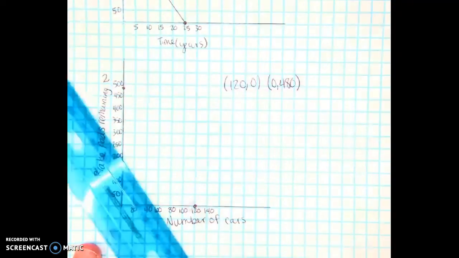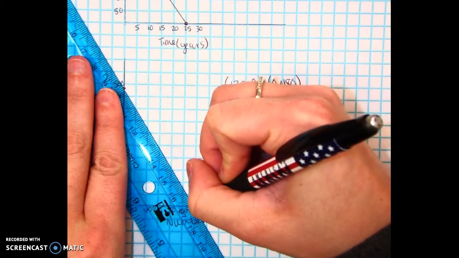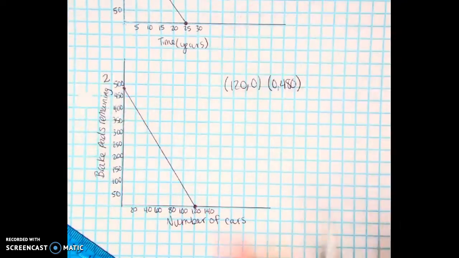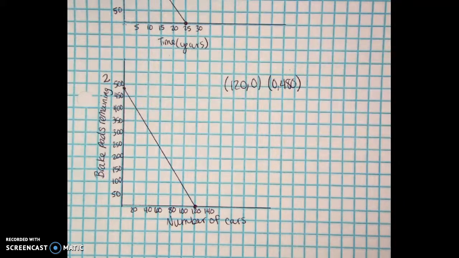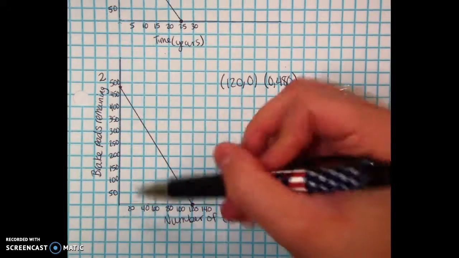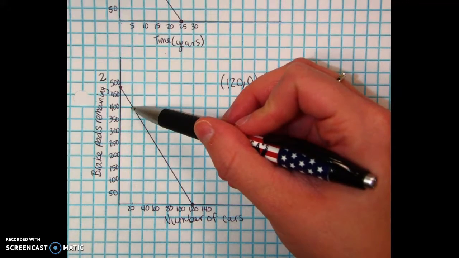Okay, I'm going to draw my line. Okay, and then the question was, let's see, find how many brake pads are left after installing them on 20 cars. So number of cars is 20, and then hopefully it works. So there are 400 brake pads remaining.